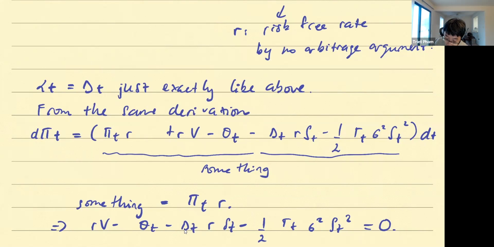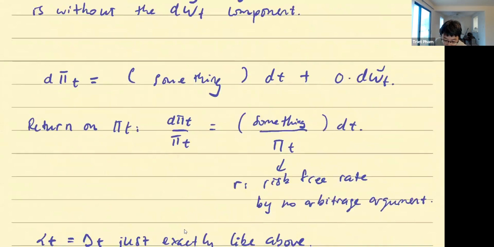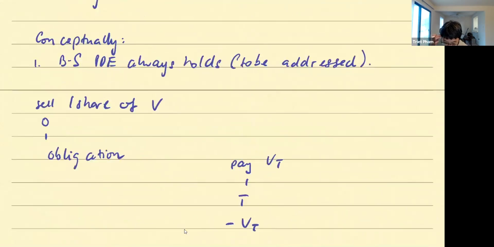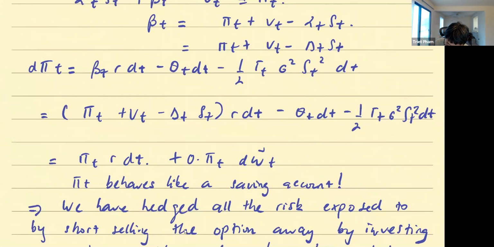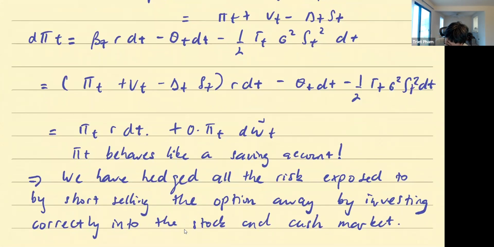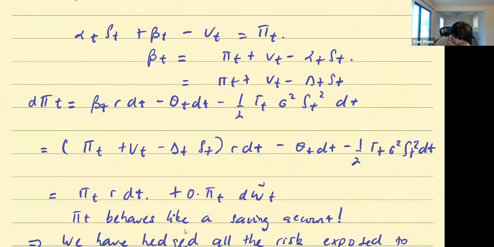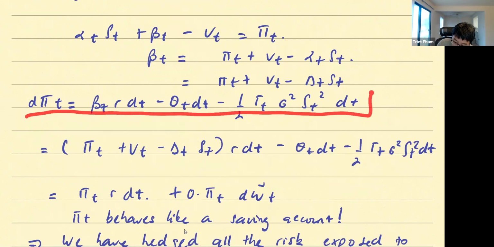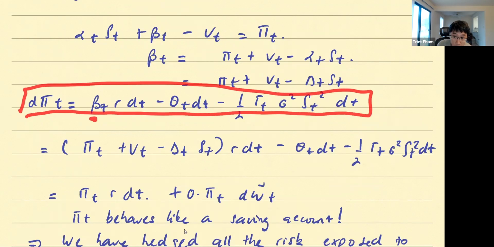Question on this? Yeah, so it comes from here. Remember, after you do the delta hedging, then the S_t part cancels out, and you only have this, where β is the cash position.